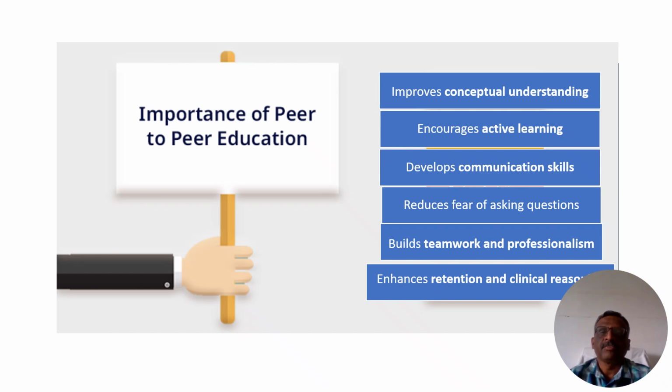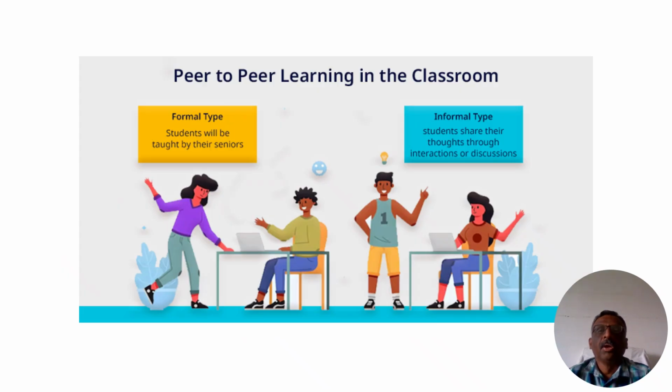What is the importance of peer-to-peer education? It improves conceptual understanding, encourages active learning, develops communication skills, reduces fear of asking questions, builds teamwork and professionalism, and enhances retention and even clinical reasoning in students.